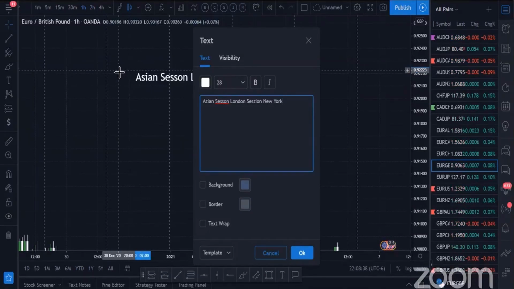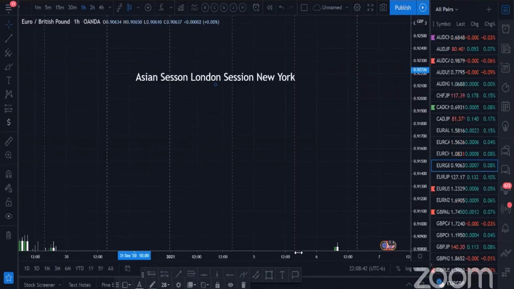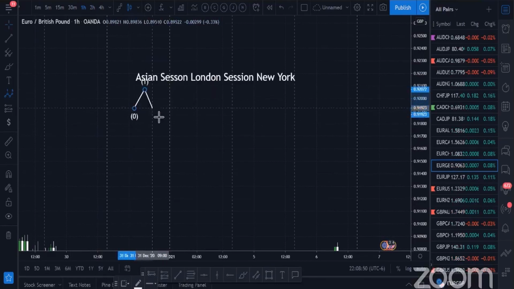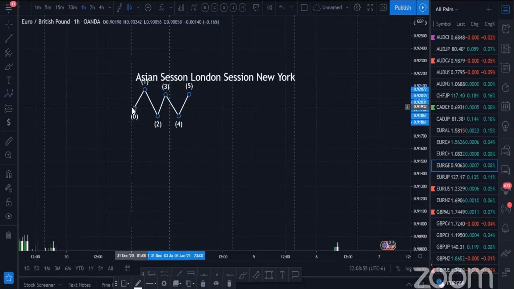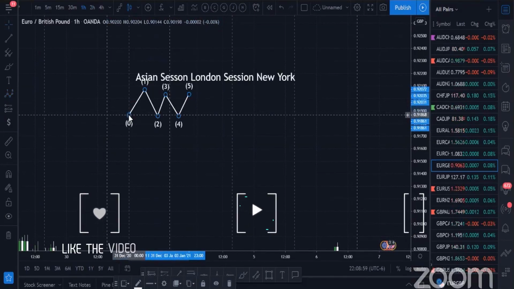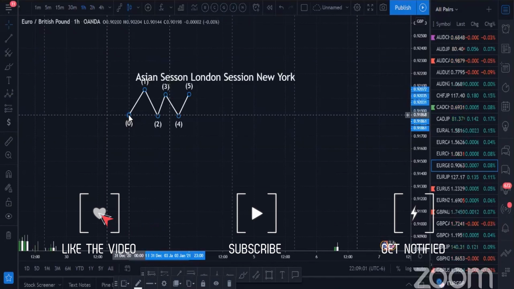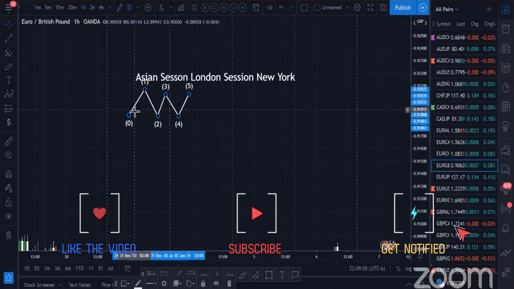What you're looking at is each thing lines up with the session. For example, Asian session, you can usually tell it's a consolidation that happens, between like 4 p.m. and 12 a.m. Usually some consolidation.